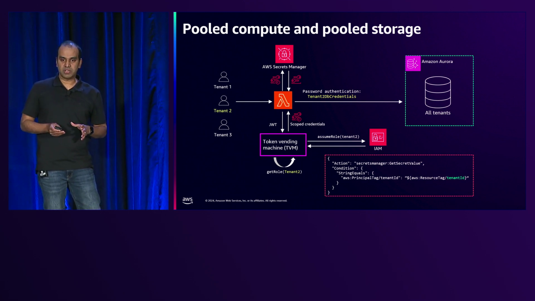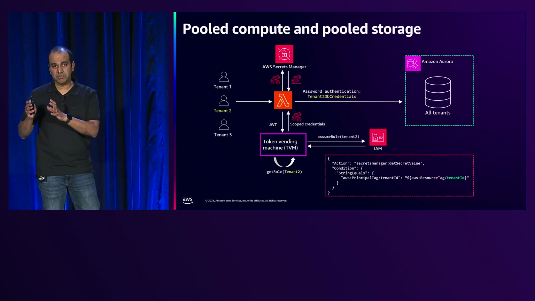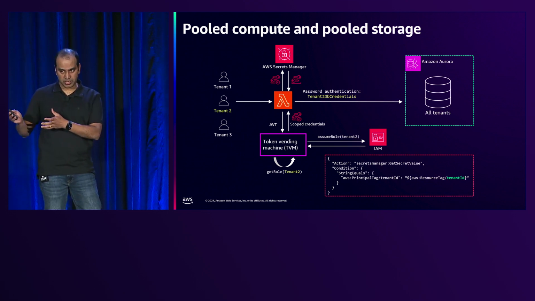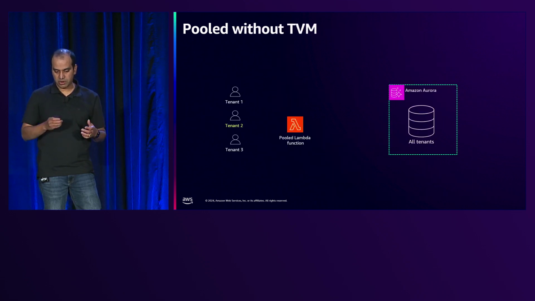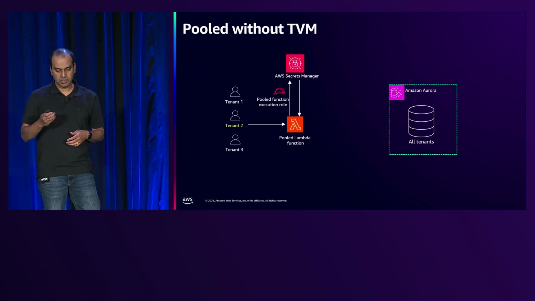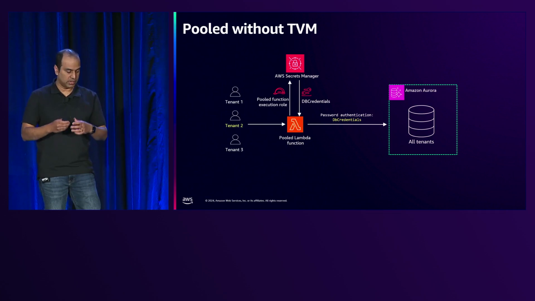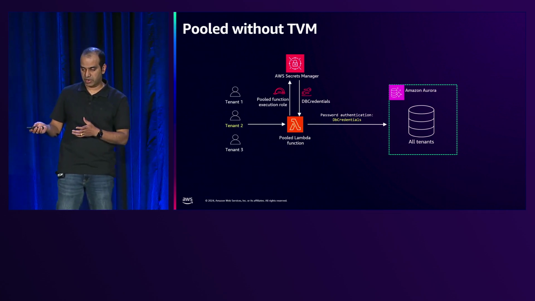But at some point, when there are a lot of tenants in the system, or there is a limit on the number of users that you could have on the database side, when you face those challenges, you can just do this, where you have the Lambda function go to Secrets Manager. There is a single secret, or a database credential, that gets returned back, and using that, the Lambda function would access the database, right?